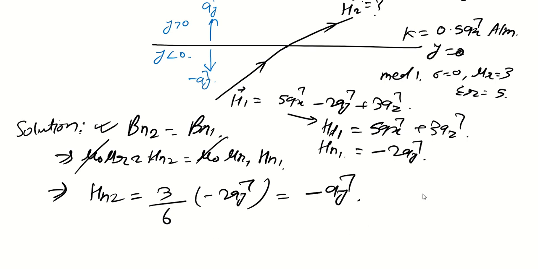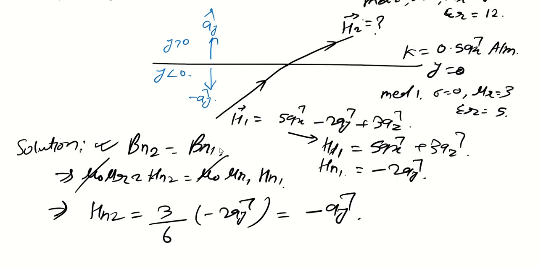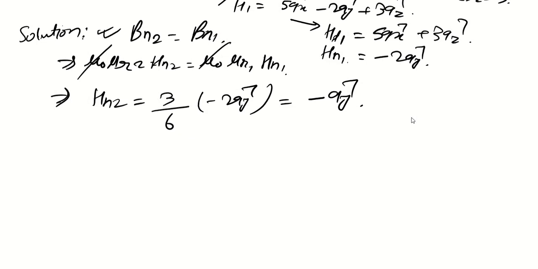Now we will find the tangential component. For the tangential component we have the relation: Ht2 minus Ht1 will be equal to K cross An cap, where An is the normal vector.